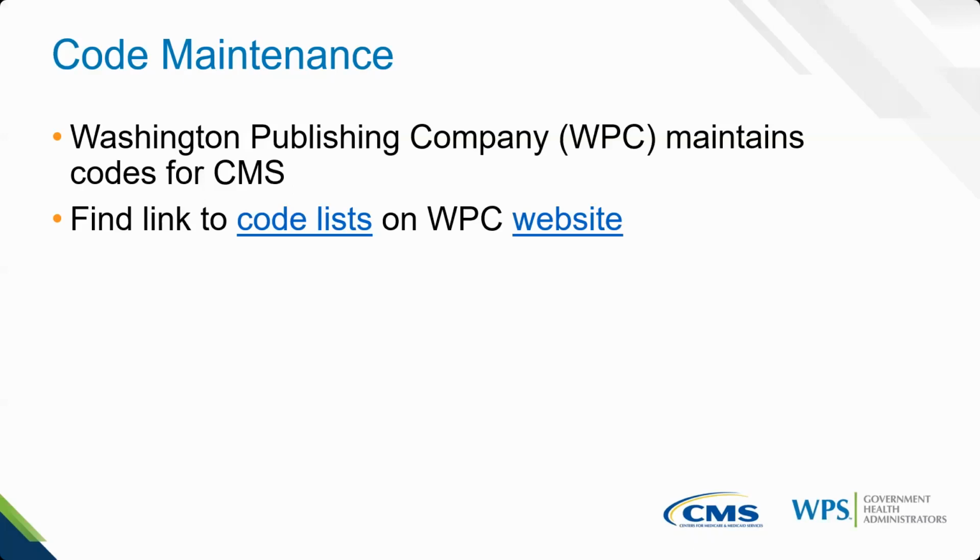Some of the codes, when they explain why the claim was rejected or denied, may use an acronym that is no longer used, and one example of that is HICN, Health Insurance Claim Number. We know that the Health Insurance Claim Number has been replaced by the Medicare Beneficiary Identifier, or the MBI, but those code descriptions have not been updated.